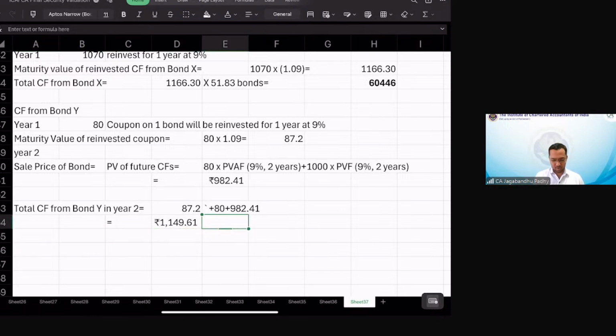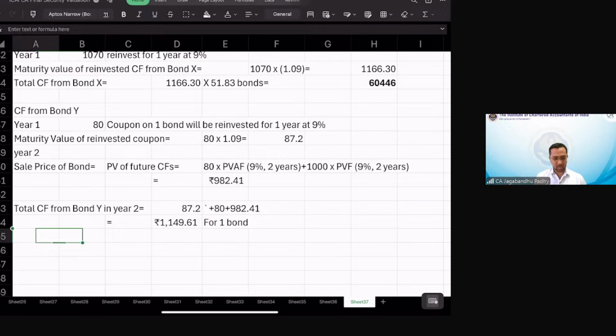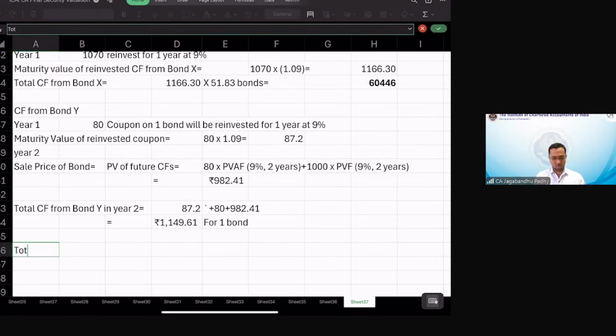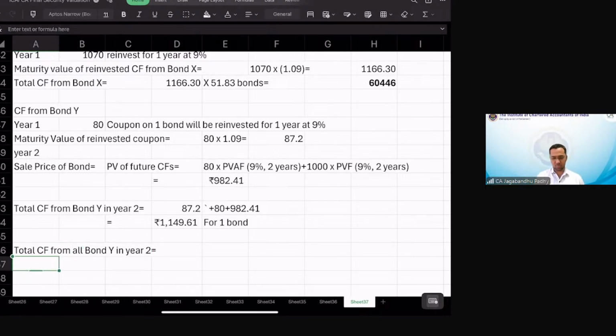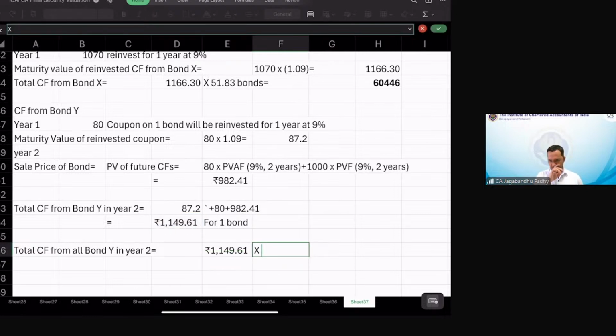This is, by the way, for one bond, right? So the total cash flow from all bond Ys in year 2 is going to be 1149.61 multiplied by the number of units.